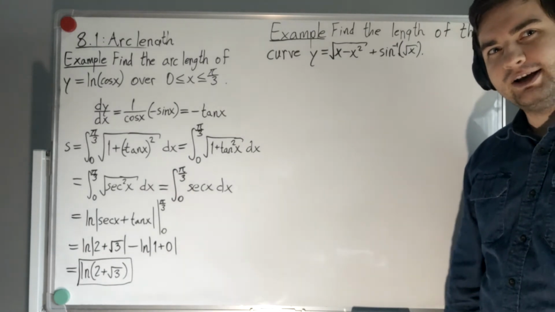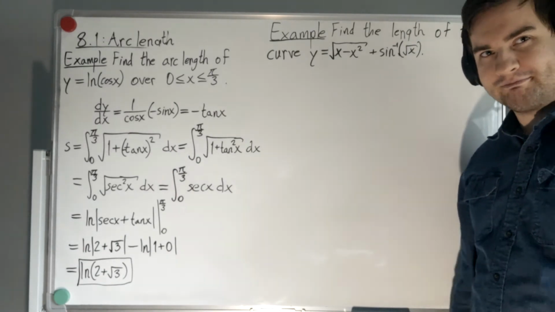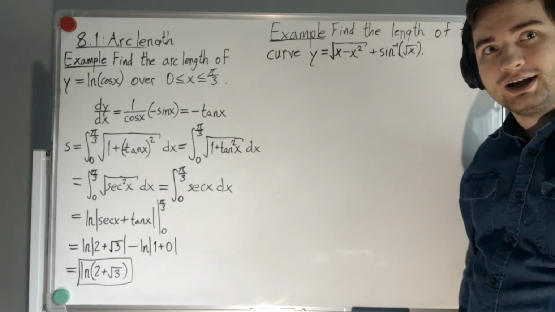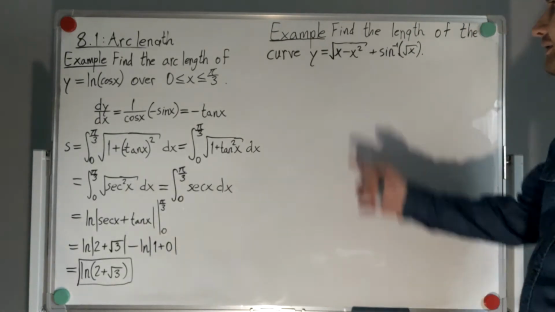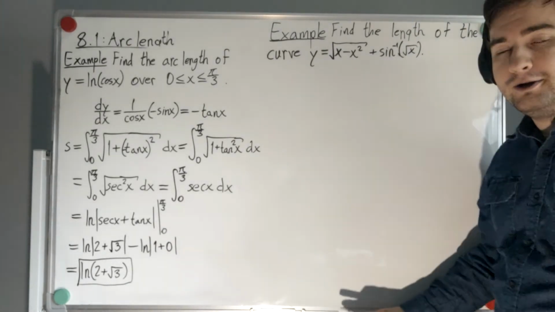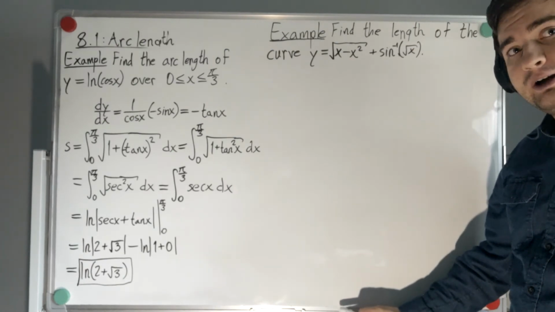I bet you're expecting me to say over this interval or that interval, right? Well, I'm not going to, because actually this curve has a finite length because its domain is a finite interval.